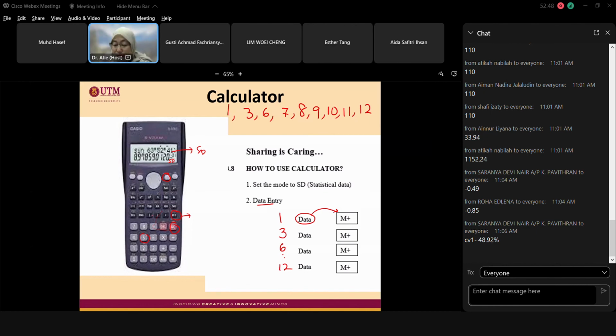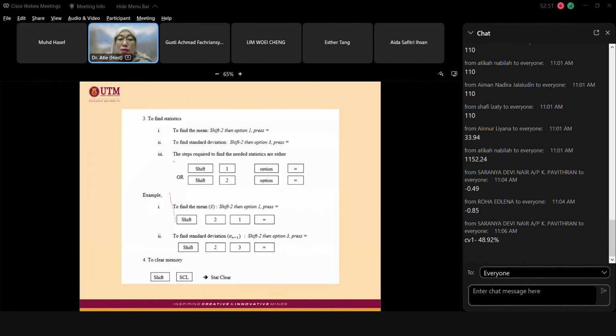So next, we're going to find the statistics that we have done on page 31. What you need to do is press shift 2 and then option 1, for example, in order to find the mean. In order to calculate the mean, you press shift 1.